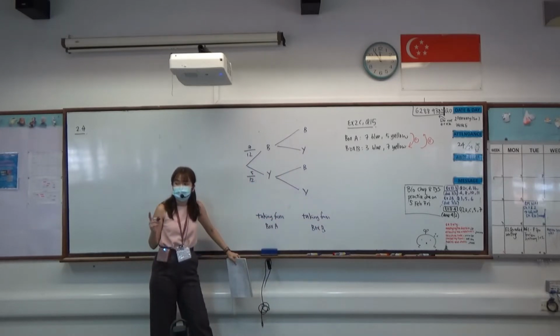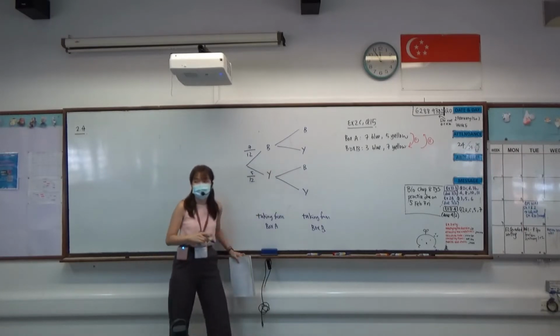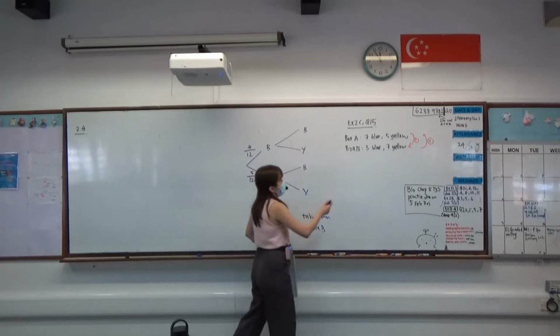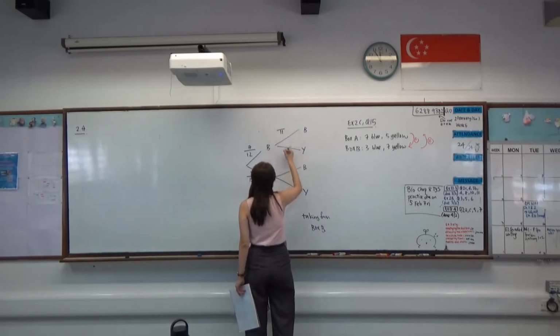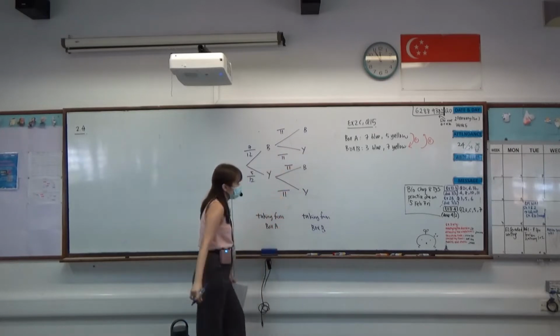Yes, Noi? 7? 7 what? What's the total number of balls that are going to be found in box B after I take one from A to put into B? There will be 11, right? Okay. So originally there's 10, now we have 11. So we need to be clear about total number first.